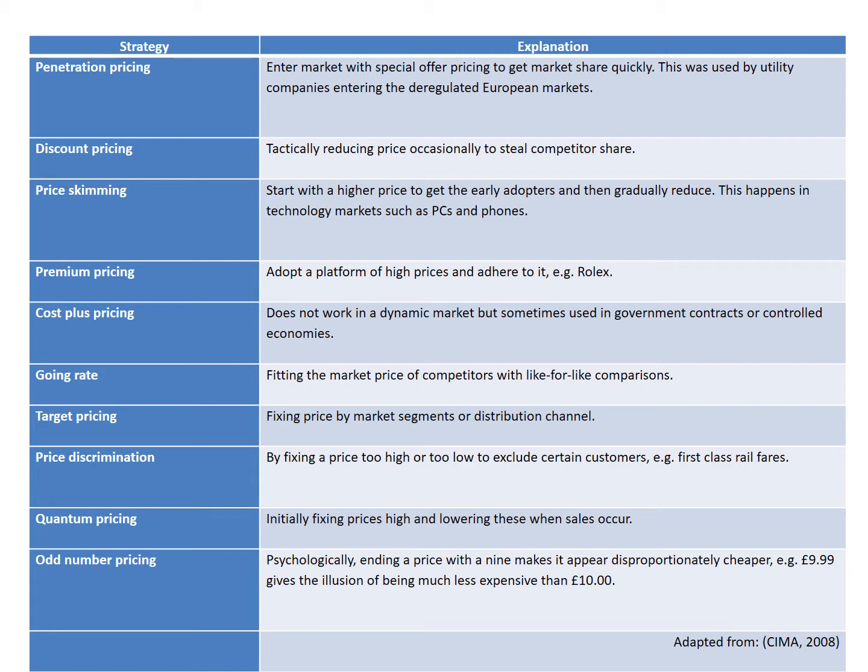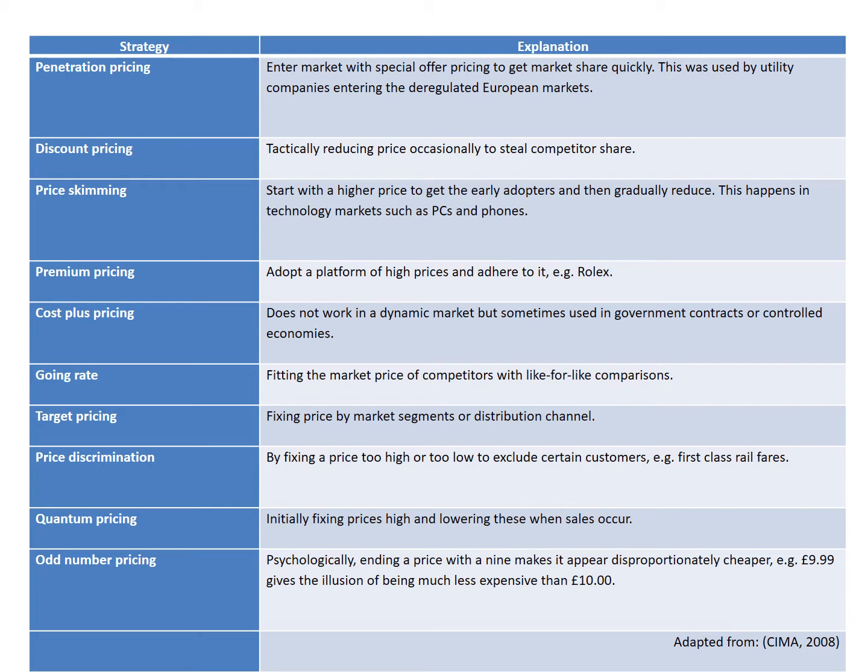Start with a higher price to get the early market capturing. When you are the early market goods provider, you start with a higher price and gradually reduce when other competitors are coming in. This is called price skimming.